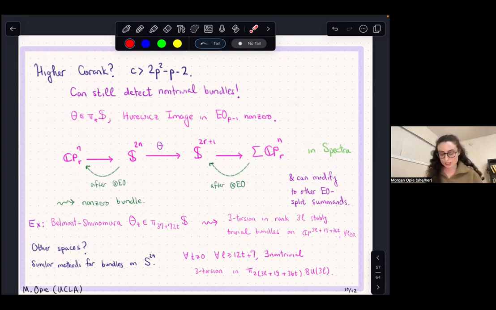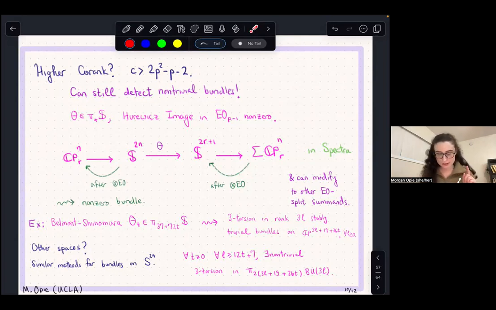However, this, and the KO stuff that you can do, are the only cases that give you these doubly infinite families that are infinite, both because you have infinite Hurewicz image and because you have this periodicity that you can exploit.